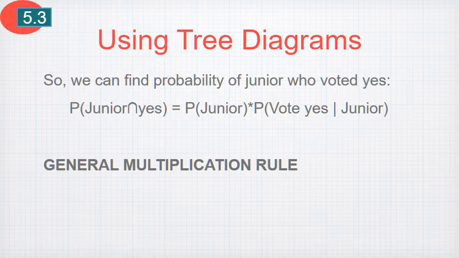Okay, ladies, so taking a look at the problem we just did, essentially we were asking, can we find the probability of a junior who voted yes? With the tree diagram, we just multiplied the two branches together, but we can also do it with notation. The probability of someone being a junior is just 156 over 315, and the probability of someone who voted yes, given that they are a junior, is 62 over 156.